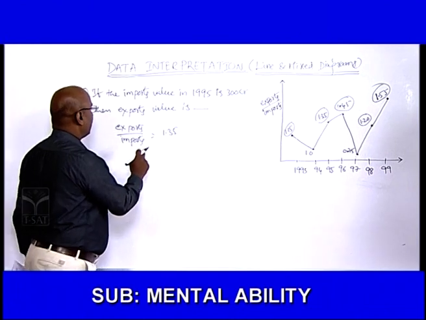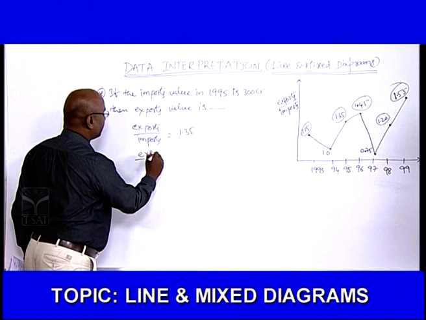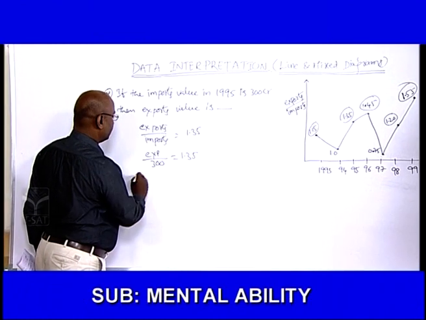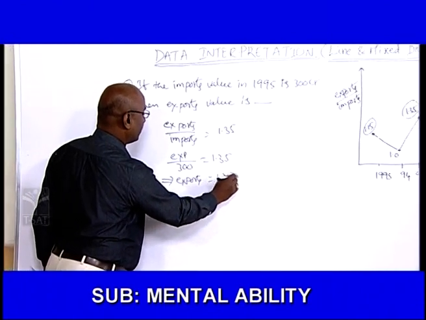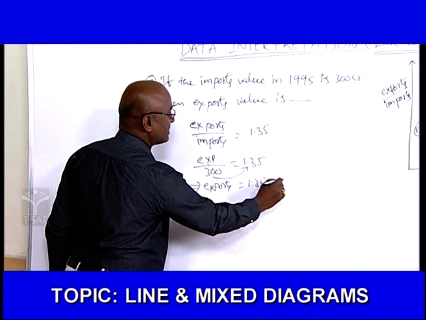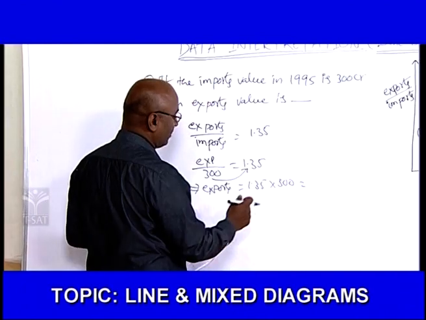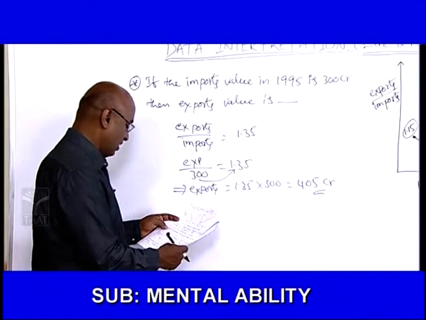Now, what is the value given? Imports value is given. So, exports by imports is 300 crores, that is equal to 1.35. Then exports is equal to 1.35 into 300, that is equal to 405 CR. So the answer is 405.